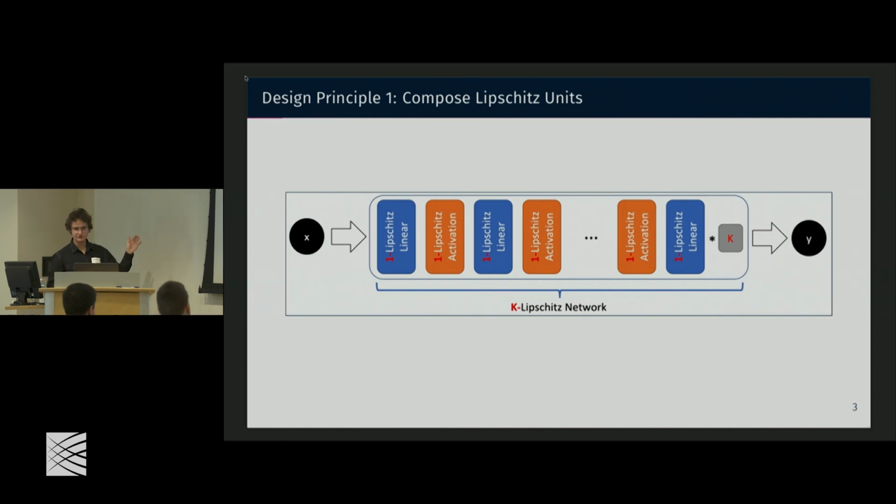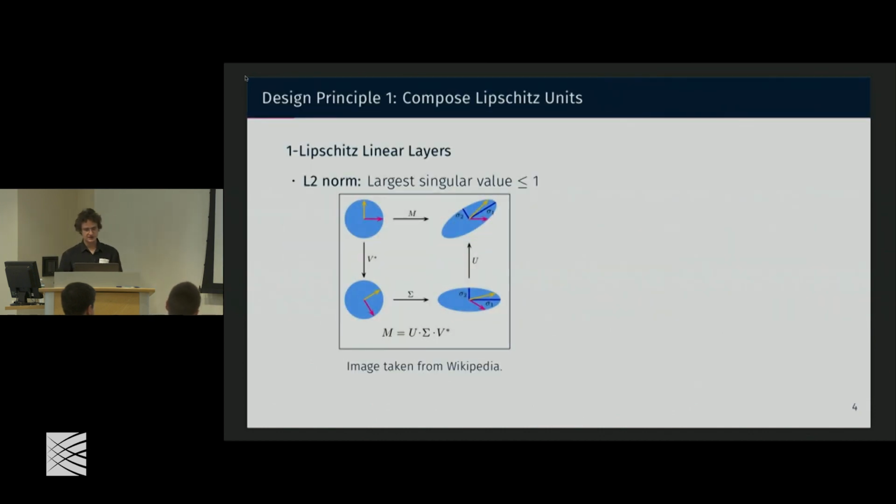So if you have a fully connected network that has 1-Lipschitz linear layers and 1-Lipschitz activation functions, we are guaranteed that the whole thing is going to be 1-Lipschitz. And if we want a k-Lipschitz constraint, we can just scale the output by k. So the challenge really becomes, how do we enforce the Lipschitz constraint on the linear layers and the activation functions? Let's start with the linear layers.